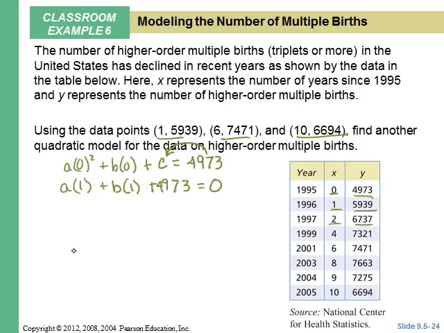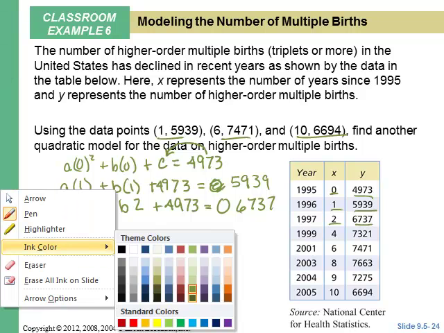Let's go to the third equation. A times 2 squared, which is 4, plus b times 2 plus 4973 equals 0. Oops, I didn't get that right. This isn't 0, it's 5939, and this one is 6737.